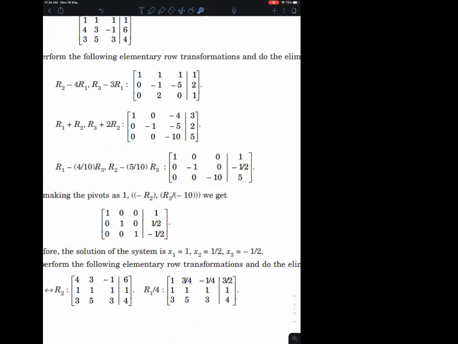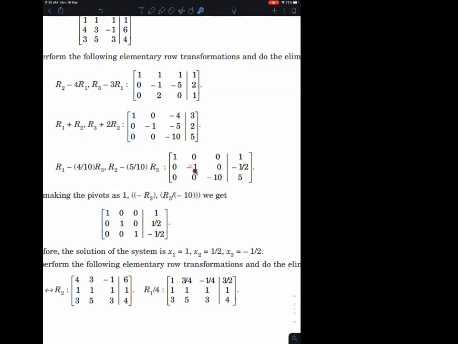In so doing, you will be able to eliminate one of these. You'll be able to replace this -4 with 0, I think. The next one, to row number 2, you subtract 5/10 multiplied by row 3. In so doing, you replace the -5 with 0. You don't worry about what you get in here, you just worry about this part here.